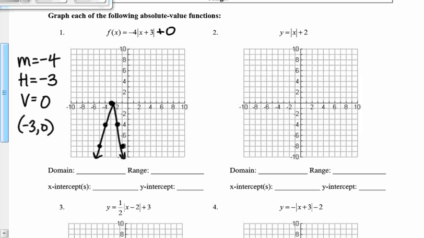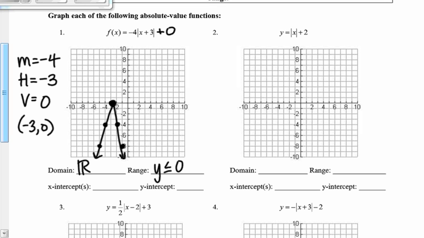All right, domain. How far to the left and right is this graph going to go? Anytime you have a V shape, it's going to keep going to the left and right. This one doesn't look like it's going very far to the left or right, but it is slightly. The range, look at your vertex. It's at the y value of 0, and it's everything below that. So y is less than or equal to 0.